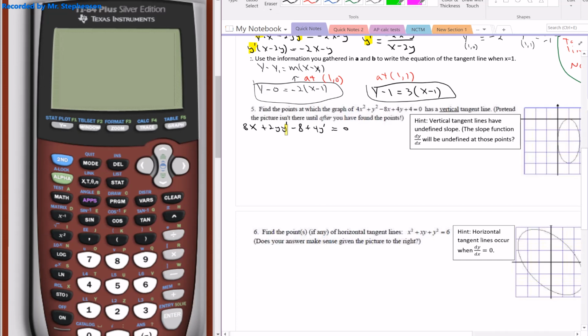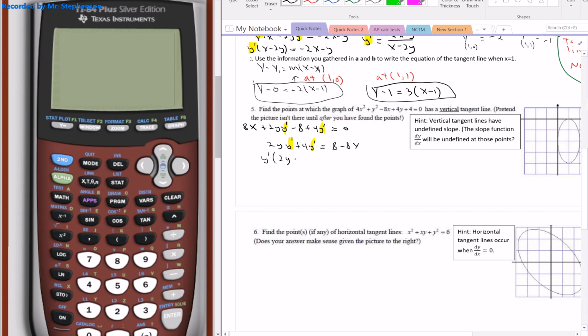All right, get all the y primes together. It's going to be 2y y prime plus 4y prime equals 8 minus 8x. Factor out the y prime. You want to get all these y primes together and factor them out.